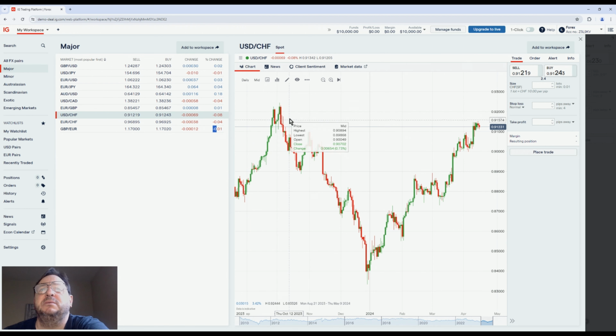Suppose I short. So okay, how much size? Because I have 10 grand, I can afford one lot. Don't put too much. Don't buy too much. Otherwise you'll lose all your money. Suppose I trade one lot.